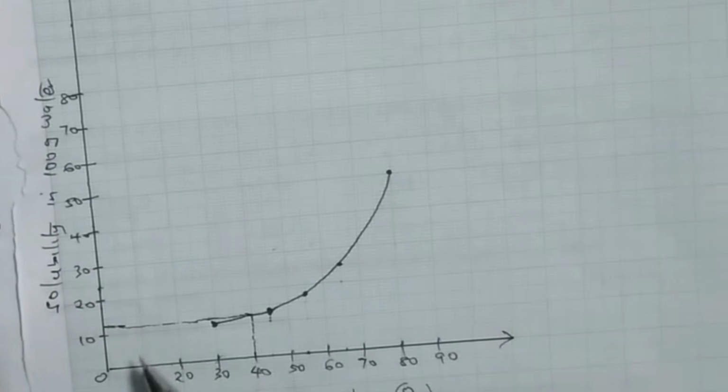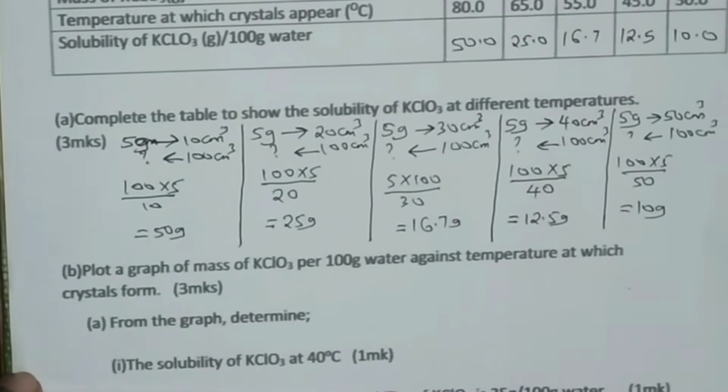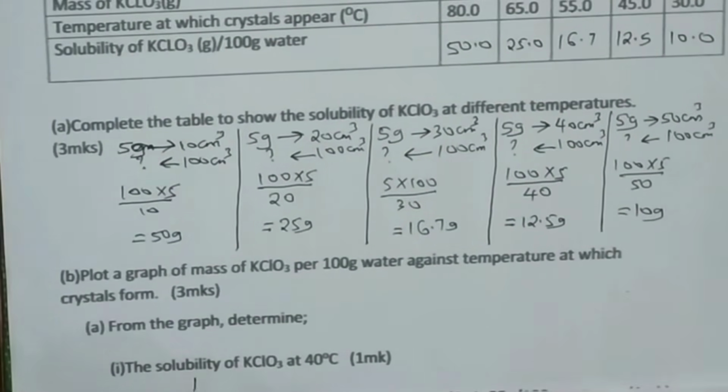And clearly, as you can see, the solubility is about 12 grams in 100 grams of water. So in this case, the solubility is going to be 12 grams per 100 grams of water.